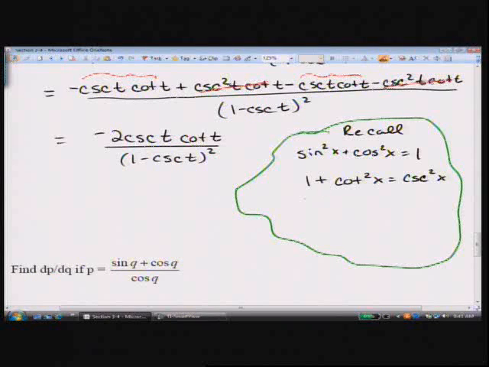That's one of the children. And the other child is to divide everybody by cosine squared x. Sine squared x divided by cosine squared x is tangent squared x, plus cosine squared x divided by cosine squared x is 1, equals 1 over cosine squared x, which is secant squared x.